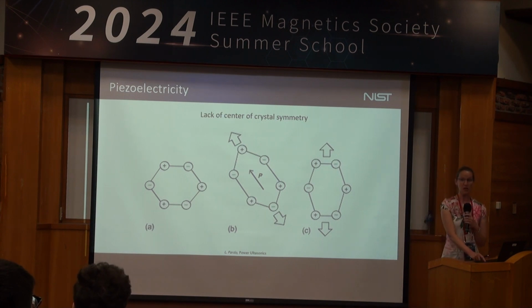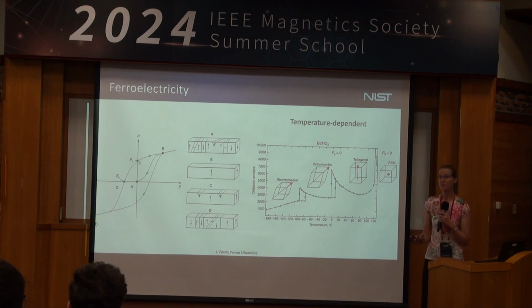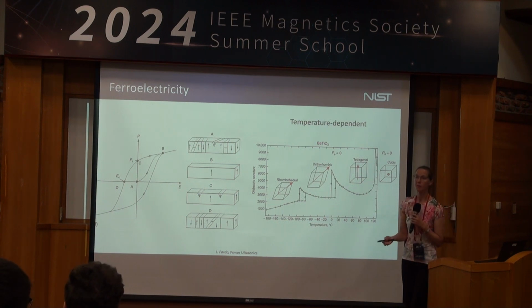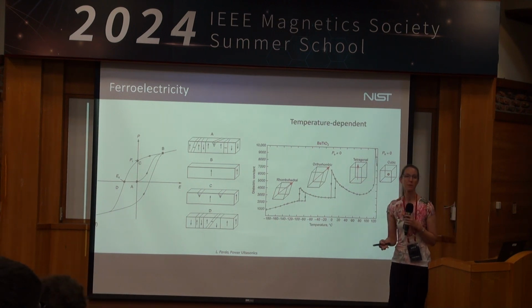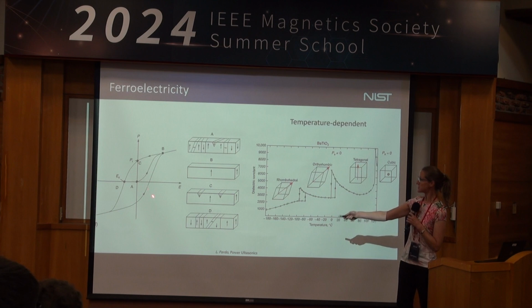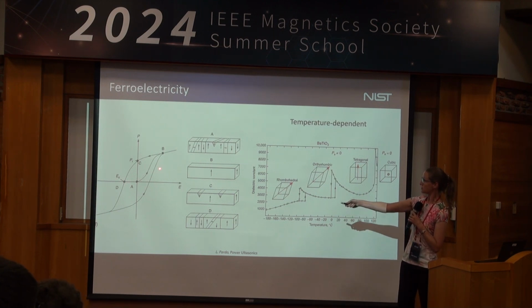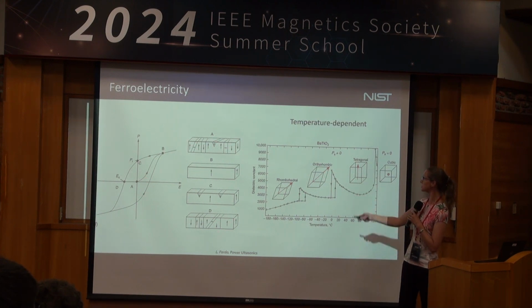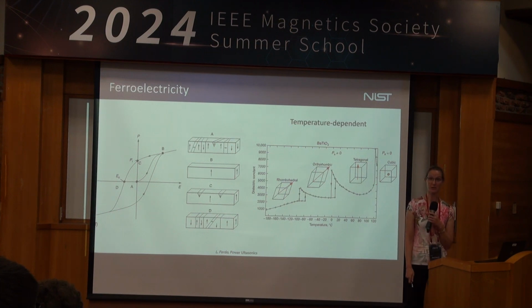There is a subclass of piezoelectricity called ferroelectrics. A ferroelectric is called that not because it has iron in it, but because, like ferromagnetism, it has a memory. Just like in magnetism, you have a hysteresis loop, but now you have polarization versus E field. You trace out a hysteresis loop, you have domain formation with different polarization orientations, and you also have a temperature dependence.